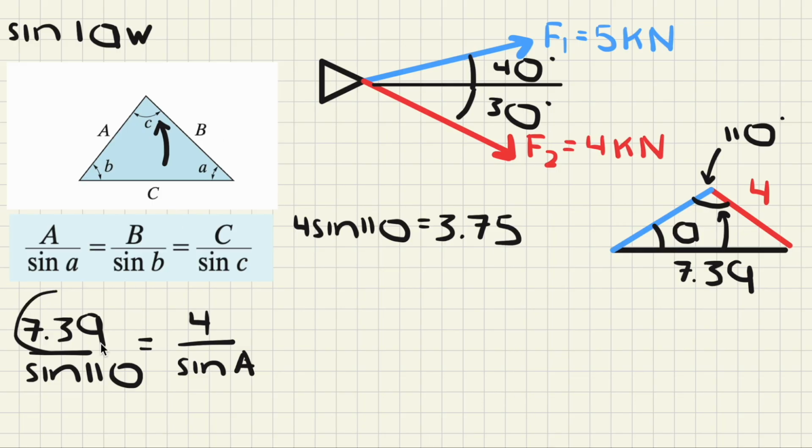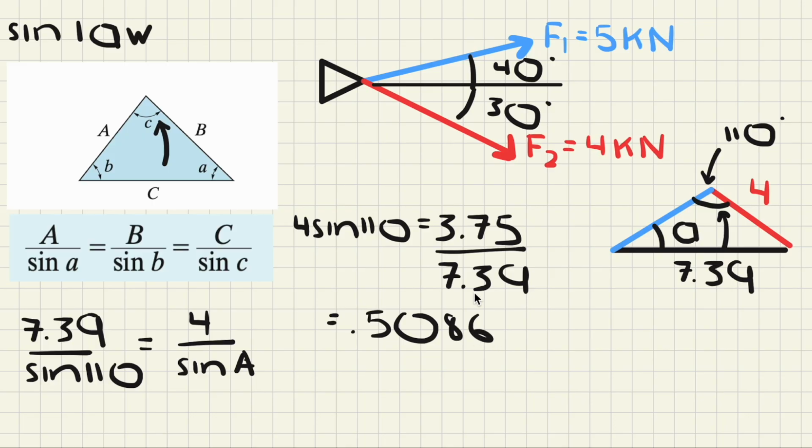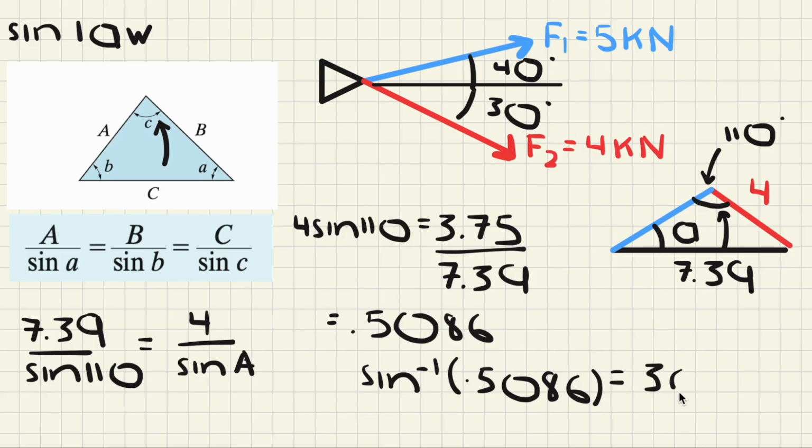And then we need to divide by this number here, which is going to equal 0.5086. And then last but not least, we just need to take the sine inverse of that. Which is going to give us, with our angle, 30.57 degrees.